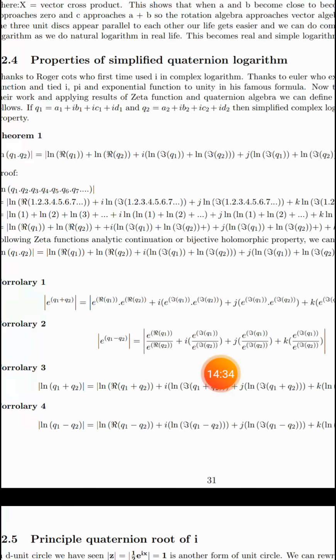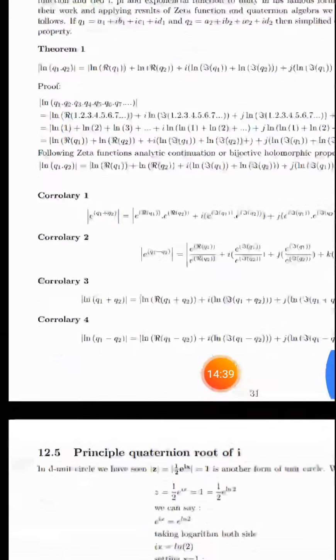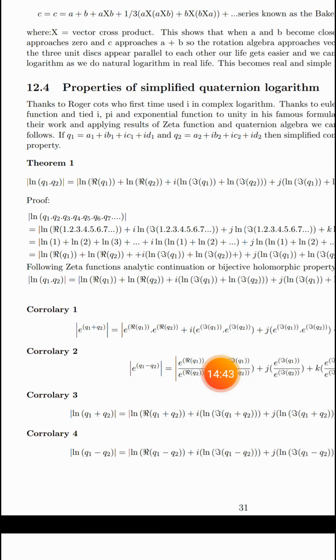Now, the quaternion logarithm. There is a nice property, a nice theorem I put forward, which talks about the modulus of ln. If we take the natural logarithm, or any base logarithm, on the quaternion system, the complex logarithm, then the modulus of that logarithm will be equal to the modulus of another quaternion, which will be a representation of the plain addition form of the real numbers and its components i, j, k.